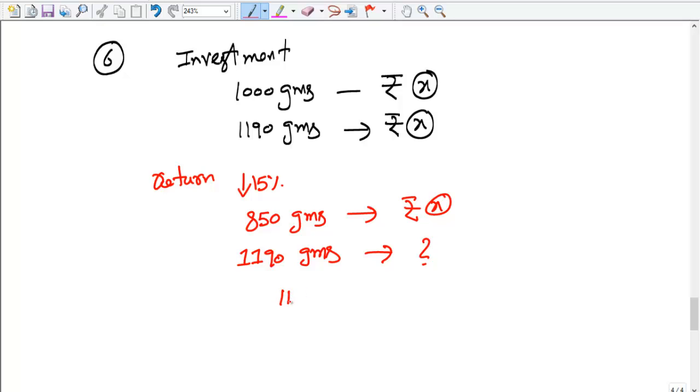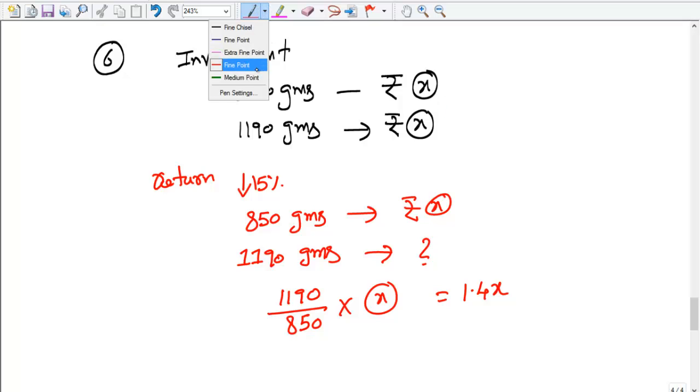It's quite simple. 1190 divided by 850 into x. That is 1.4x. Look at this one. His investment is x, his return is 1.4x, that is 40% extra.